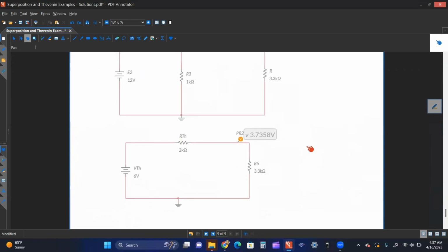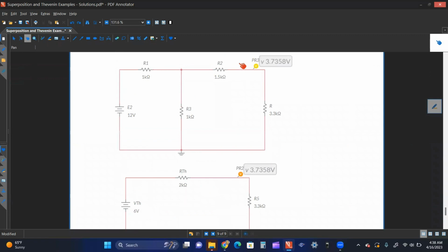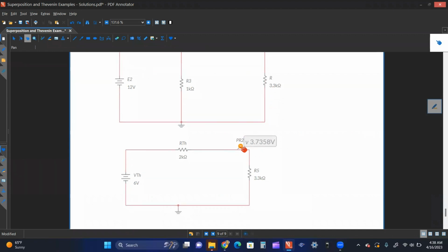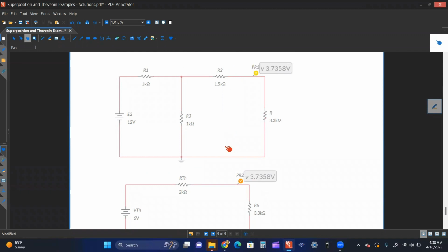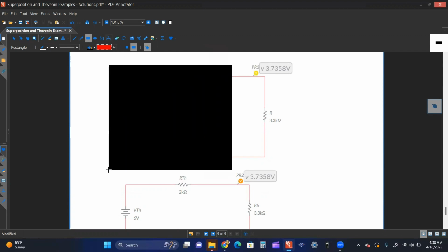And if we take the equivalent of what's on the left side of the load resistance, and you take the voltage across it, you get the same voltage. So therefore, this voltage source and this resistance is the equivalent of everything that's inside this black box.